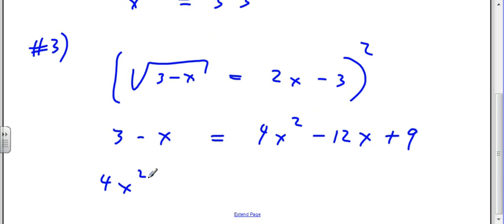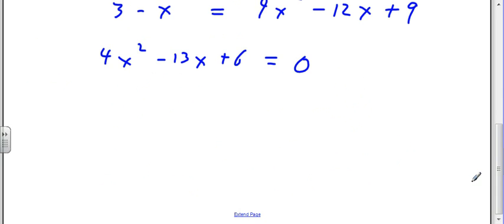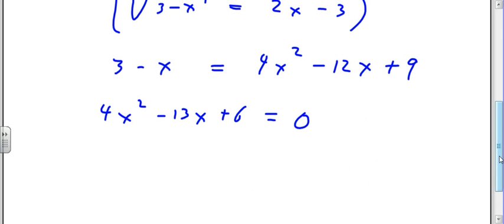So 4x squared minus 13x plus 6 is equal to 0. Okay, how many think that I did that right? I don't see any hands out there. Is that better? 3 goes over there to make it positive, 6, x goes over there, add 1, make it 11.